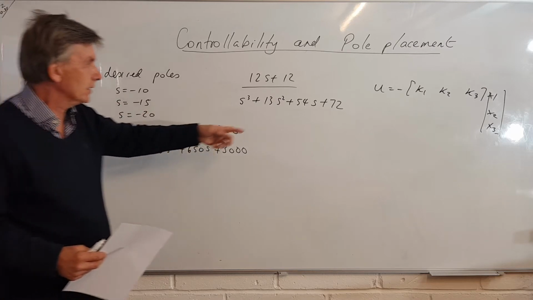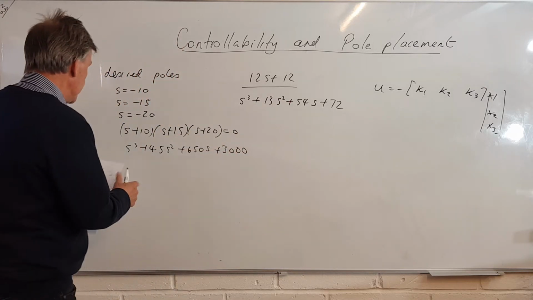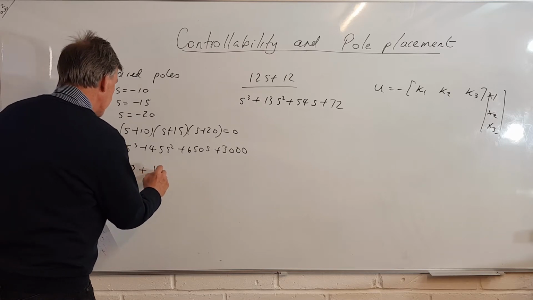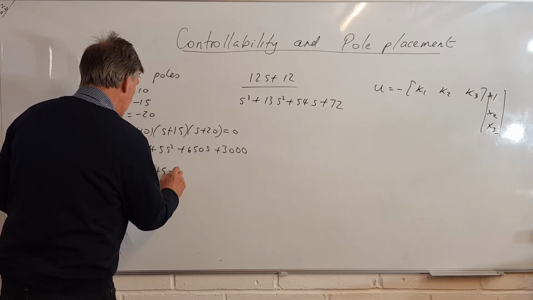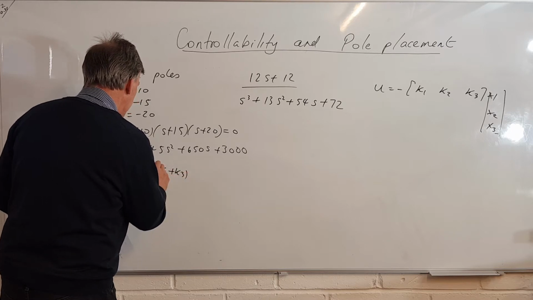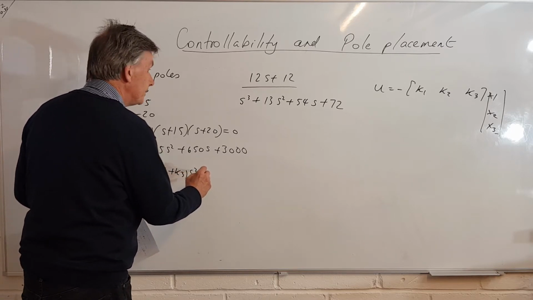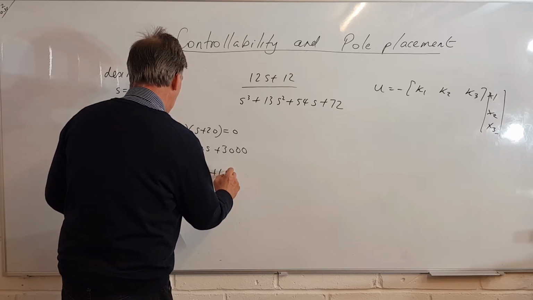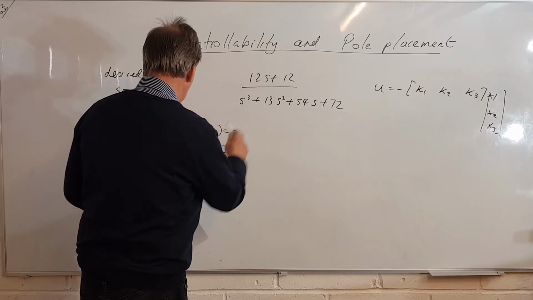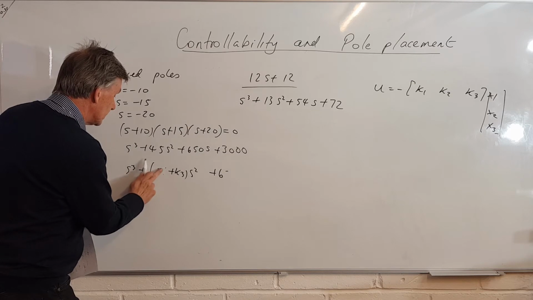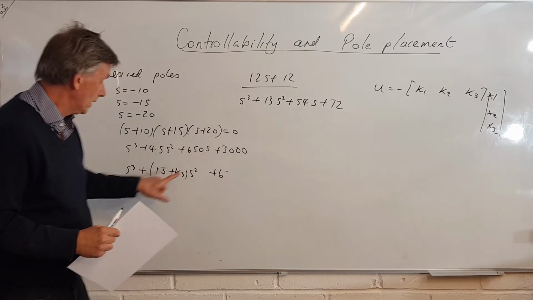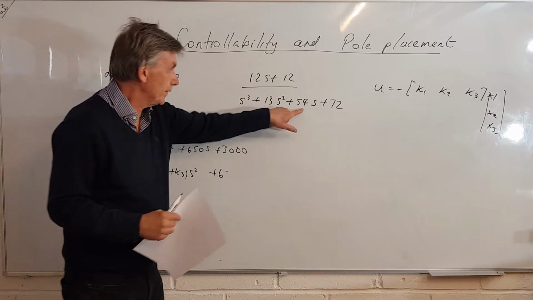If we did feedback control on this system, the equation would come out as s cubed plus 45 plus K3 times s squared plus, sorry, it's these numbers again, 13. So it's that number there, goes in there. And the next one will be 54.